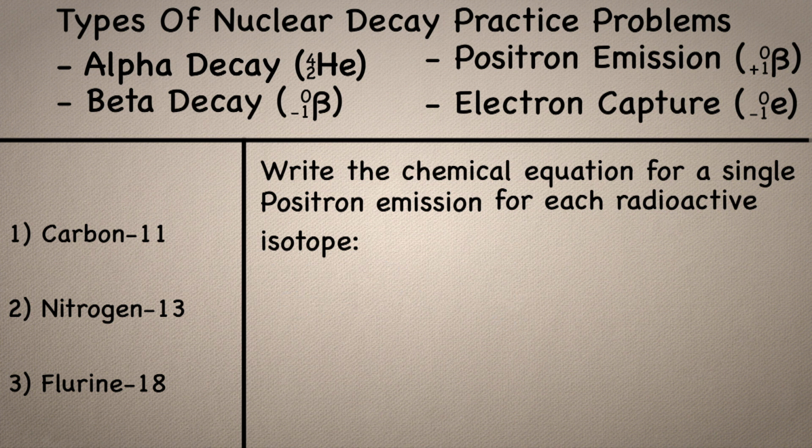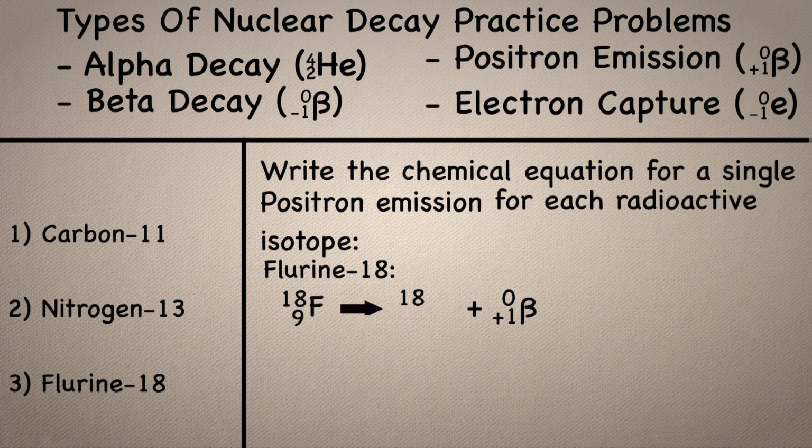Okay, our last positron one. Then we take fluorine 18. The atomic mass is 18, and fluorine's atomic number is 9, so that's 9 protons. We put our yield sign, space it out a bit, put our positron, or 0, +1 beta sign. Now we can just do our math for our missing parts. Whatever it is, it's going to have 18 atomic mass units because it's all going to come from that element.